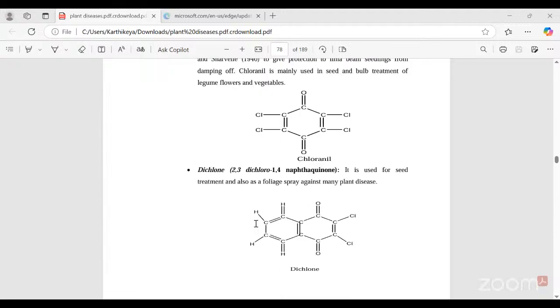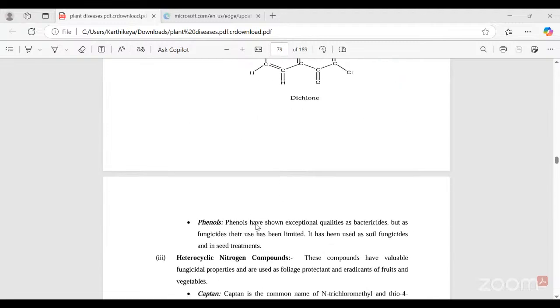Next, dichlone, 2,3-dichloro-1,4-naphthoquinone, is used for seed treatment and also as a foliar spray against many plant diseases.